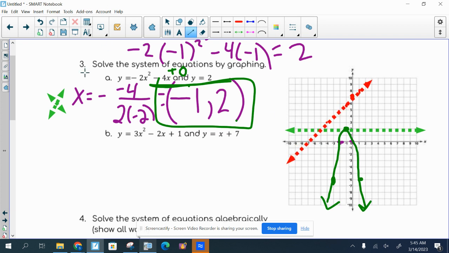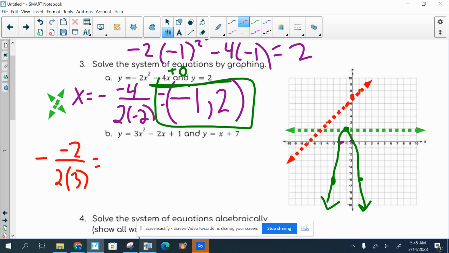Okay, and then for the quadratic, let's use negative b over 2a. So b is negative 2 over 2 times a, which is 3. And then, oh boy, this is going to give us 1/3. Okay, so that's great.